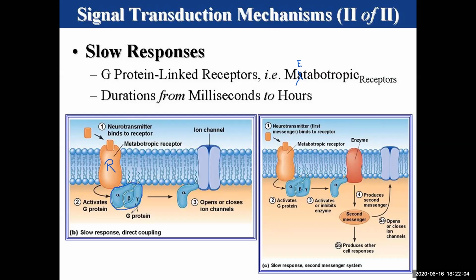And that protein is called a G protein. So that's why I say G protein linked receptor. So when we say G protein linked receptor, we are talking about this receptor here.